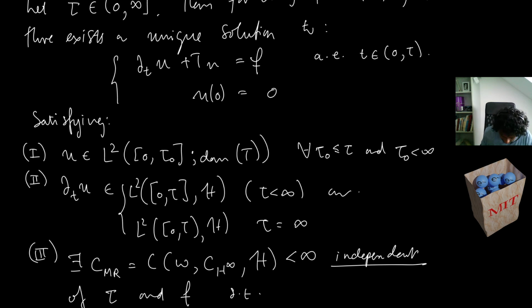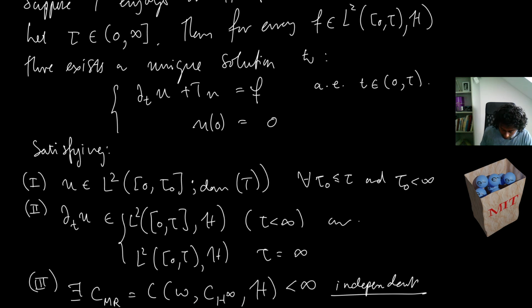Sorry, let me start again. So we have that partial t of u, and so we obtain these solutions. So these solutions are really in a local sense, right? But if tau is infinite, for instance, we will not be able to guarantee that the solution that we get is going to land us in dom T all the way up to infinity.